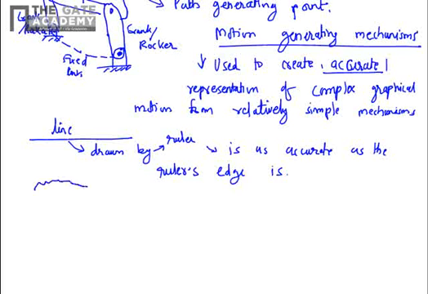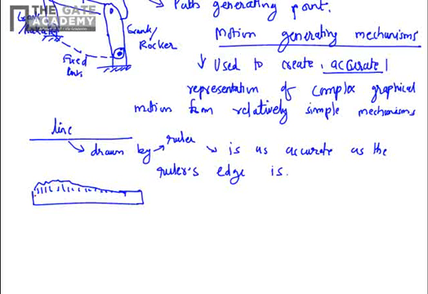This is your scale, your ruler. If your ruler is not accurate, it may have some inclination, some serrations, some curve. Then you cannot get an accurate line.